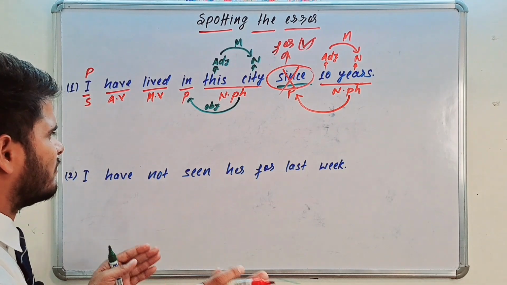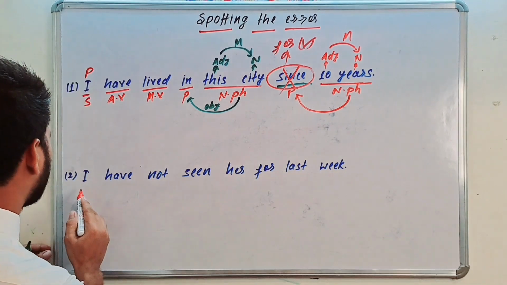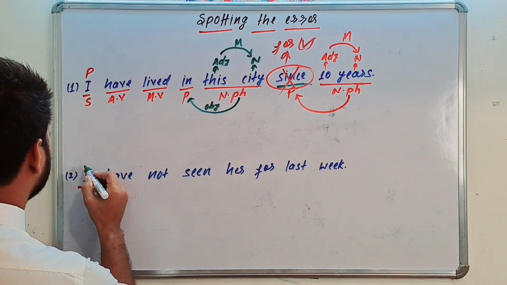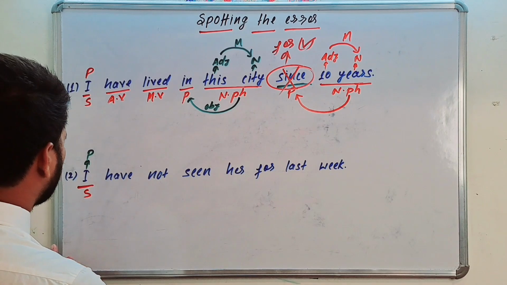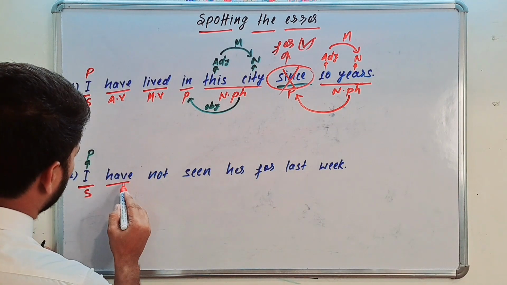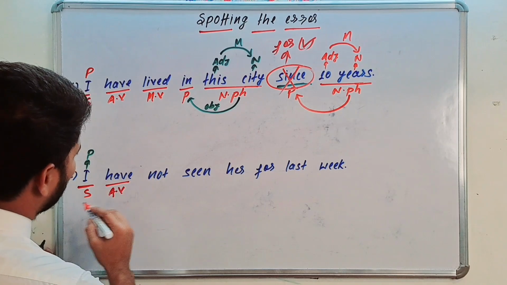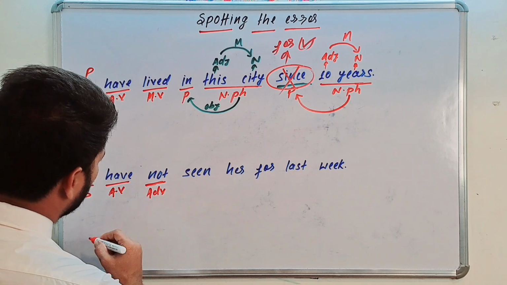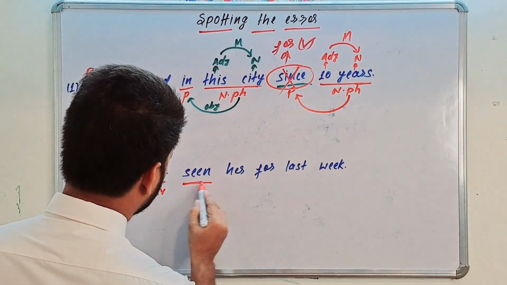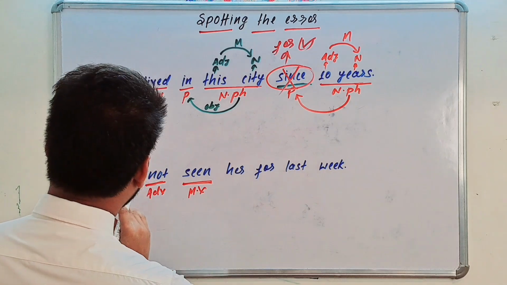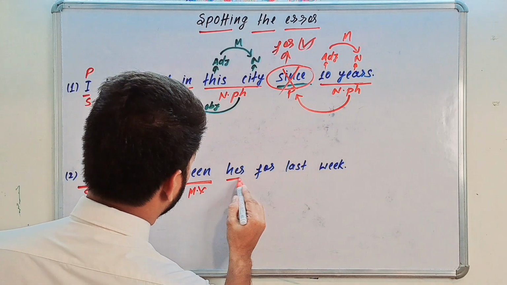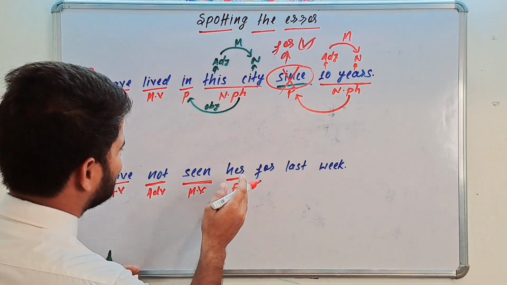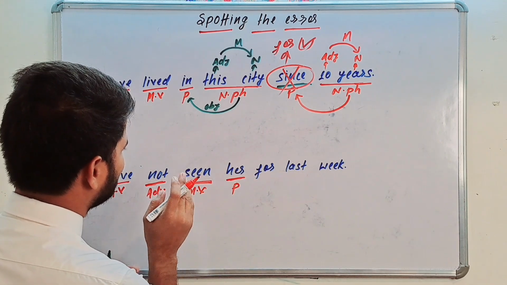Here I is the subject, a pronoun. Have is an auxiliary verb. Not is an adverb. Seen is the main verb. Her is a pronoun, and it is the object of the main verb seen.